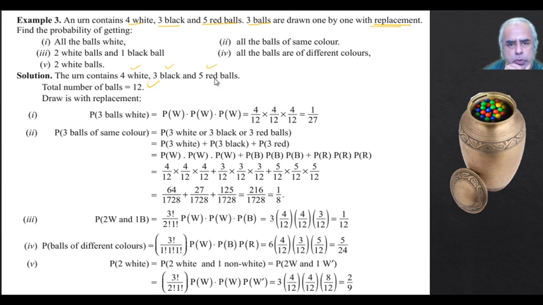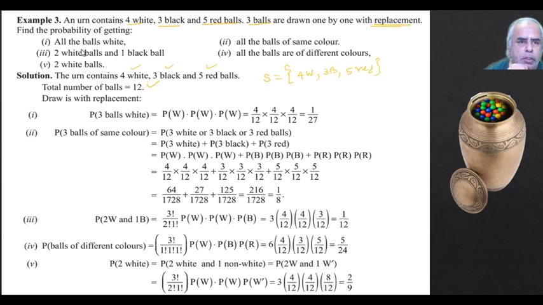So the total number of elements in the sample space is 4 plus 3 plus 5, that is 12.